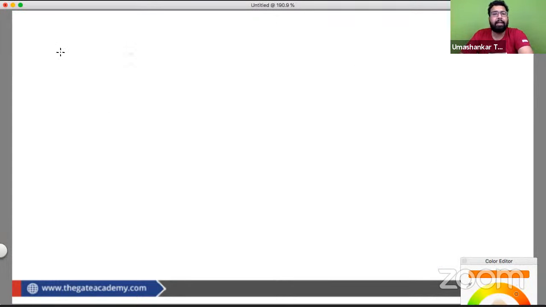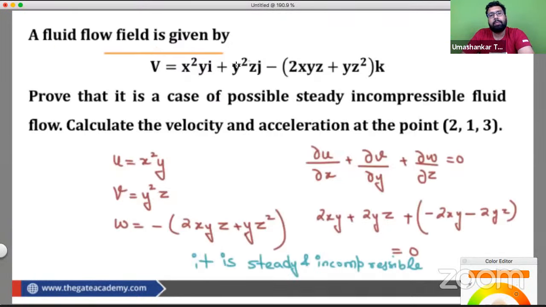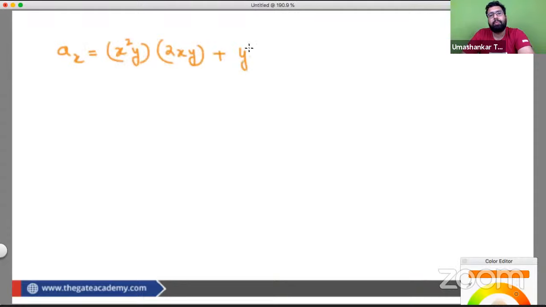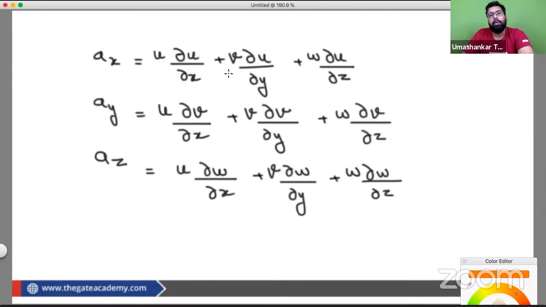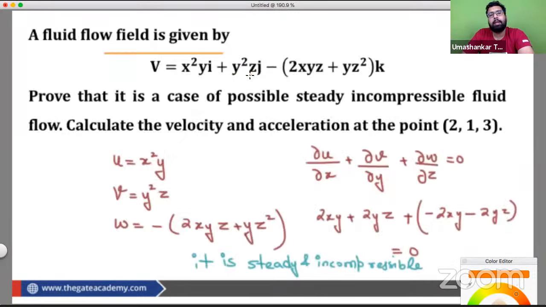I'll be finding this AX for you. So u is x square y, and do not make any mistake here. Differentiating x square y with respect to x gives 2xy. Plus we have v, that is y squared z, times del u by del y.